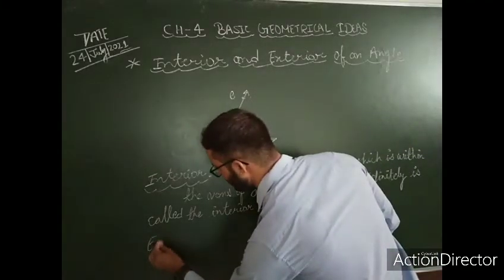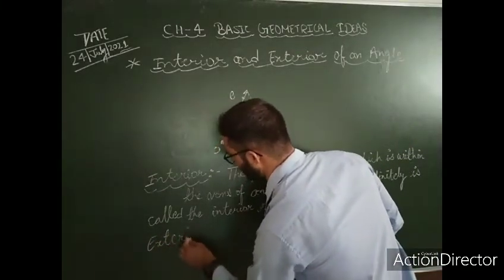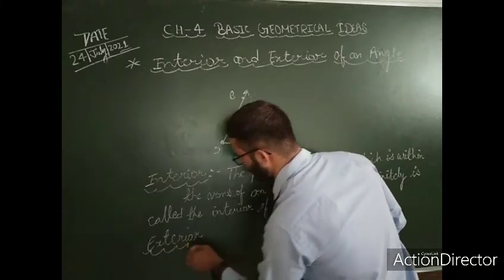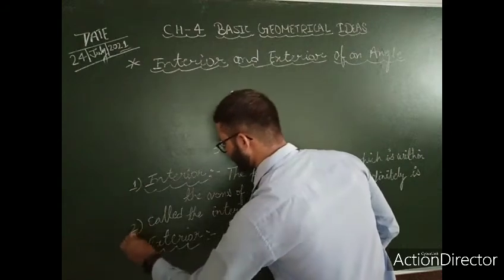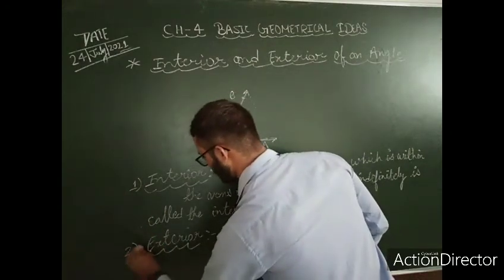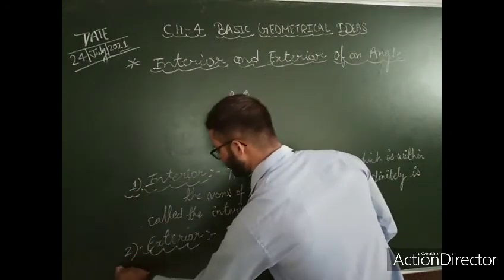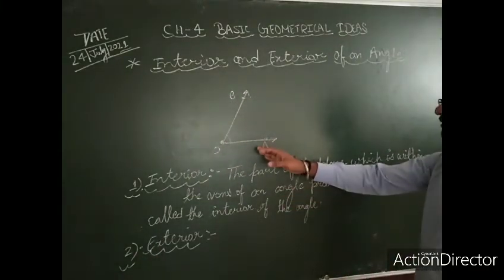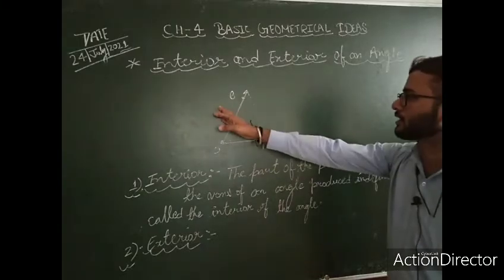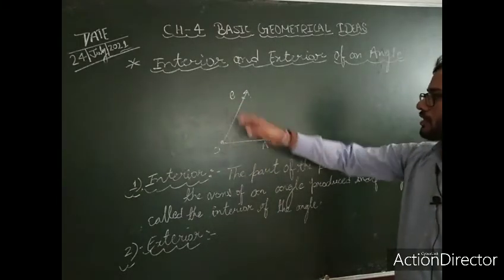Now exterior. What is exterior? Exterior is the part which is outside of the arms of an angle.